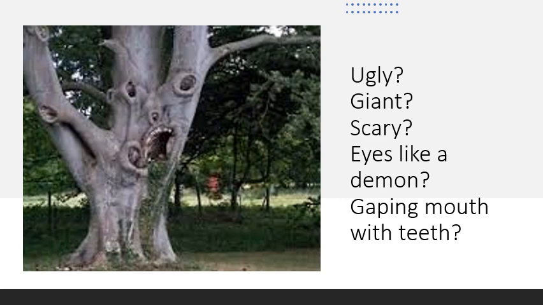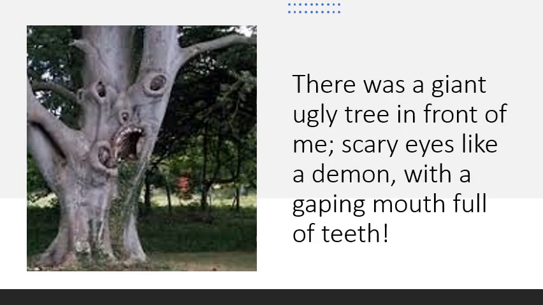So you gather together in your mind or even in your plan on the side of your piece of paper just some words and phrases and try and put them into sentences. So here I've rearranged them into a descriptive sentence. There was a giant, ugly tree in front of me, scary eyes like a demon with a gaping mouth full of teeth.